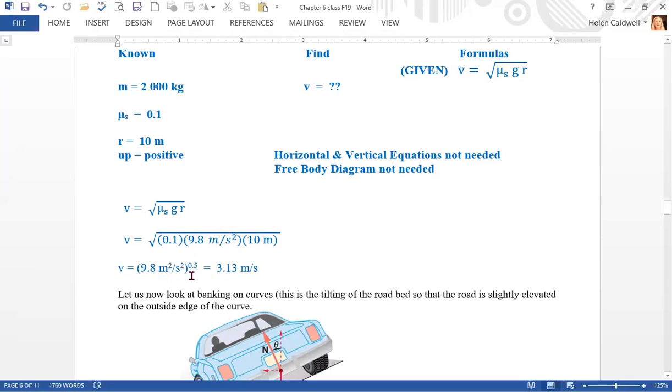And you'll notice I've got it raised to the 0.5 power. That is the same thing as taking it to the 1/2 power, which is the same thing as taking the square root. It was just easier for me to write it like that. And I wanted to remind you that raising a number to the 0.5 power is the same as taking the square root. So when we do that, square root of 9.8 is 3.13, and it would be in meters per second.